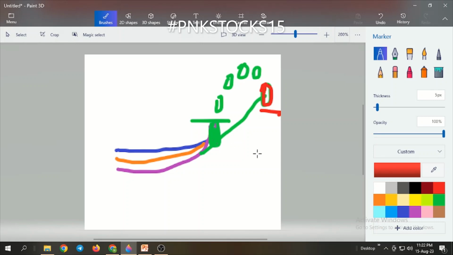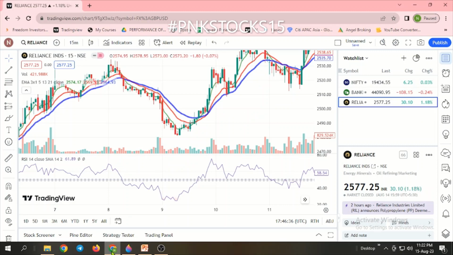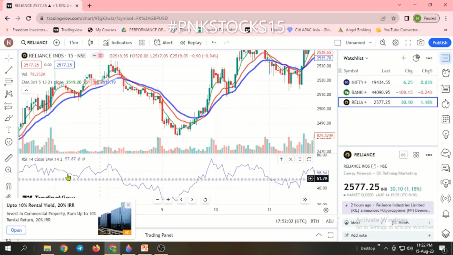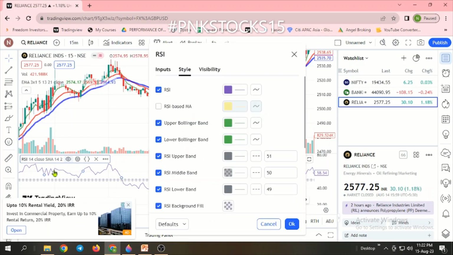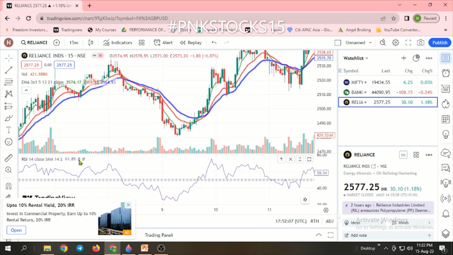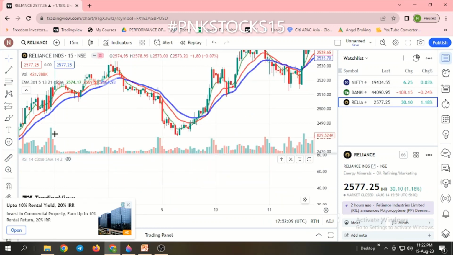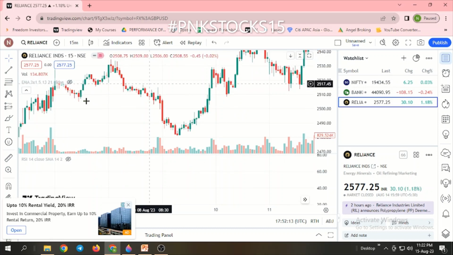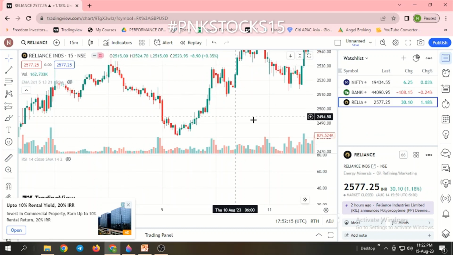Let us see this in the chart. Open the chart. Let me close this first. This is a simple price chart, and we have Nifty, Bank Nifty, Reliance.